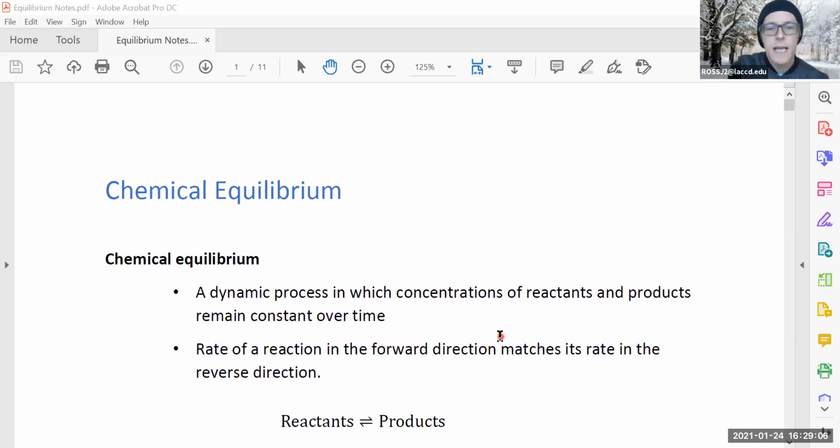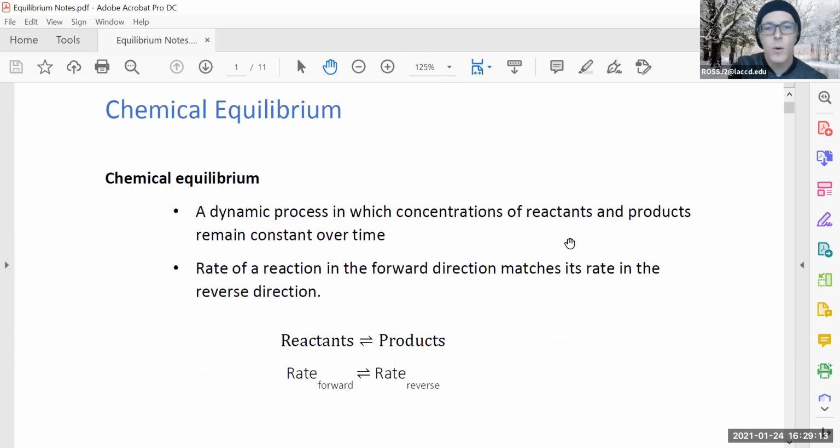So, for example, if we have a process as shown here, where a reactant goes to give a product, we can state that at equilibrium, the molar concentrations of reactants and products are equal in magnitude.